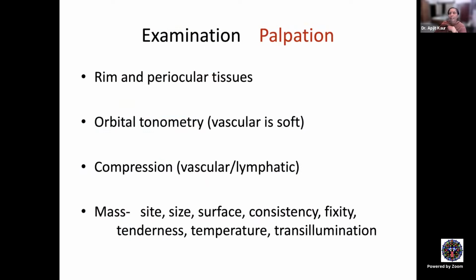Now come to examination. Now, you remember your examination from surgery, palpation, right? There were 2 types of palpation. One is a soft palpation and the other is a deep palpation. So the soft palpation is a gentle touch of the rim and the periocular tissues.